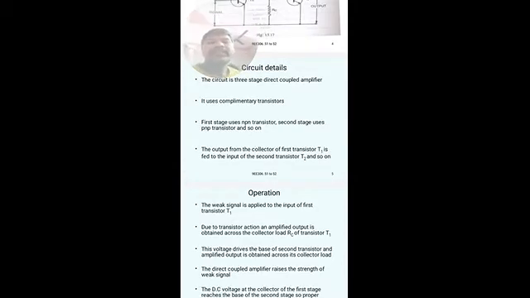This voltage drives the base of the second transistor, and an amplified output is obtained across its collector load.